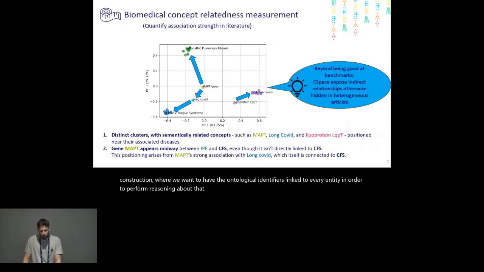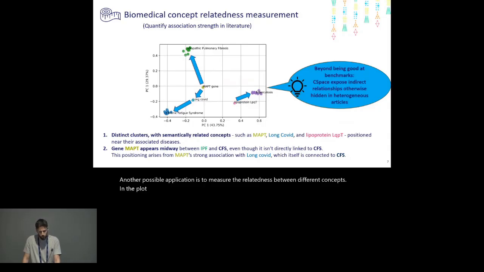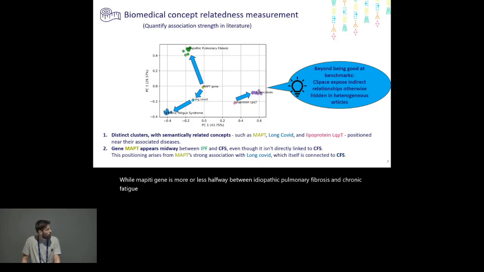Another possible application is to measure the relatedness between different concepts. In the plot, you see a PCA projection of some concepts in the CSpace, and you immediately spot that lipoprotein LPQT is closely associated to tuberculosis, while the MAPT gene is more or less halfway between idiopathic pulmonary fibrosis and chronic fatigue syndrome.